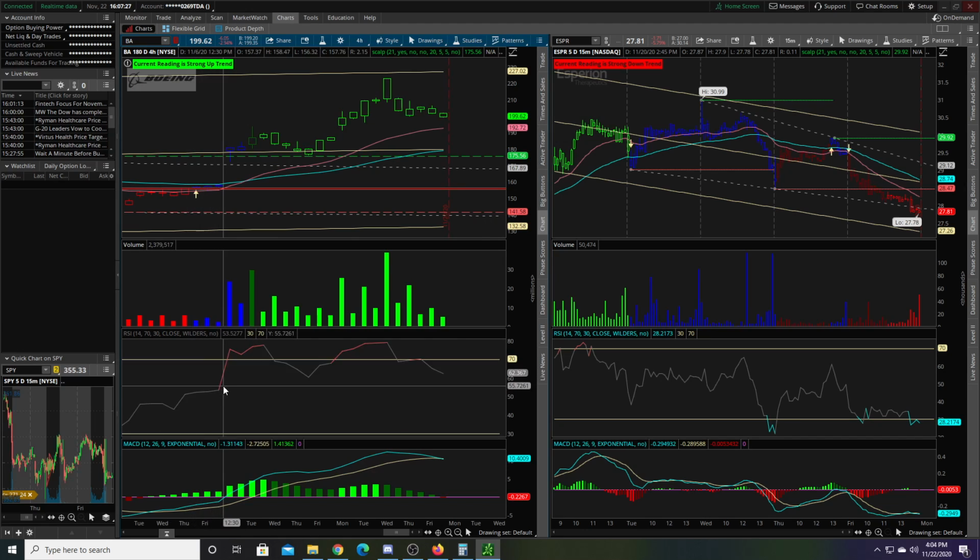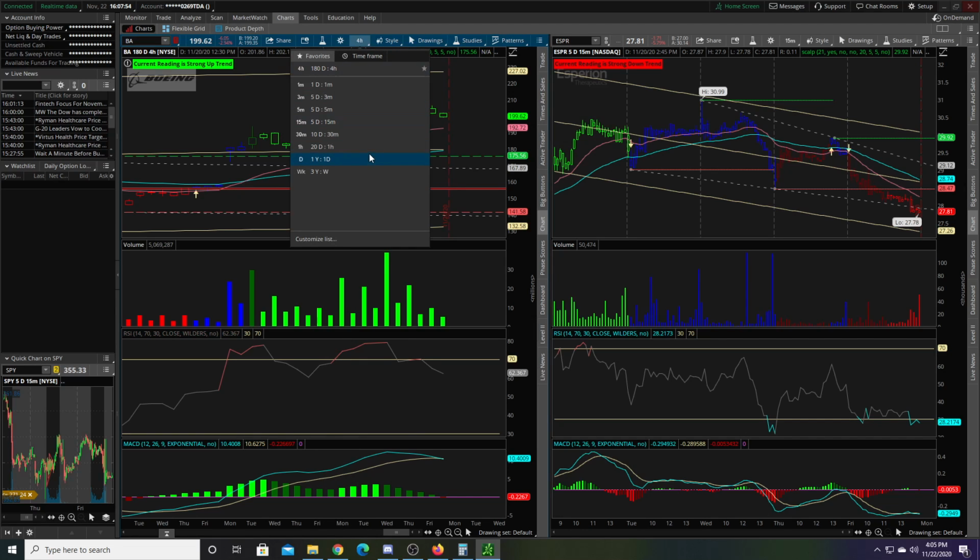Once again, overbought, no crossing right here yet, but increasing volume. So overbought, technically not a good entry here. I wouldn't try to buy in on an overbought stock. I would wait a little bit longer.